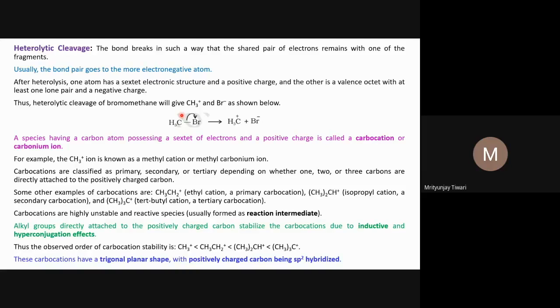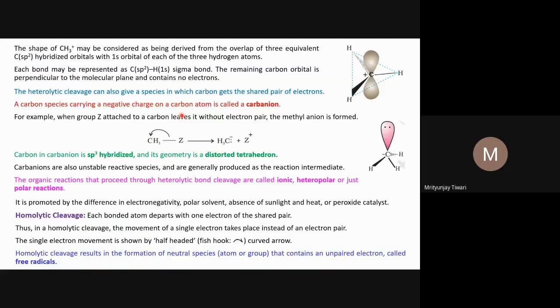Then the shared pair of electrons will be shifted towards the carbon in the heterolytic cleavage, and so carbon will attain a negative charge, and such species are called carbanions. So a carbon species carrying a negative charge is formed.